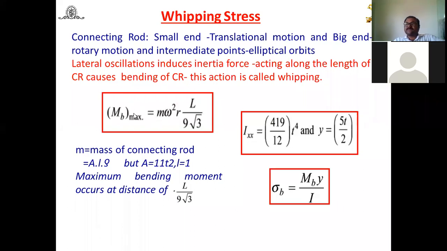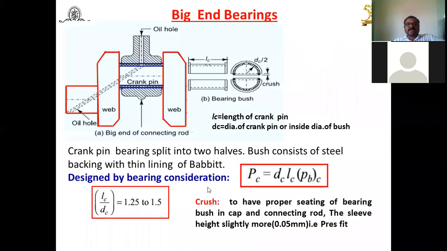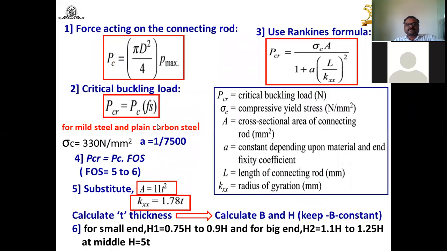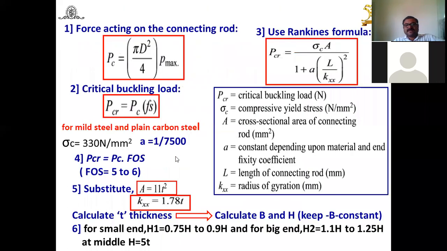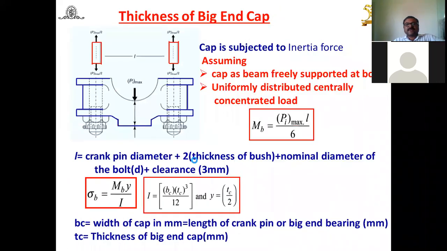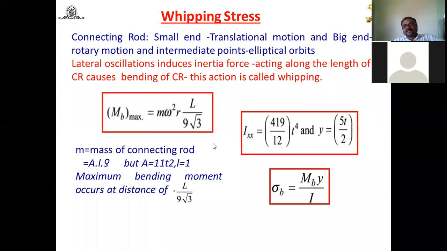You will get the maximum bending moment. And again, we know the maximum bending stress σb is equal to Mb by I. You can substitute this Mb because of this inertia force, where you get the maximum moment at a distance of L by 9√3. Now we know Ixx and this y. We have already calculated Ixx and Iyy, so we can substitute these values of Ixx and Iyy directly in the whipping stress.